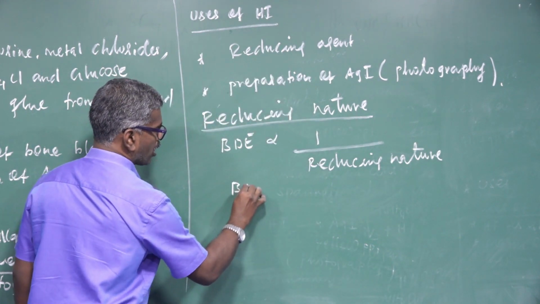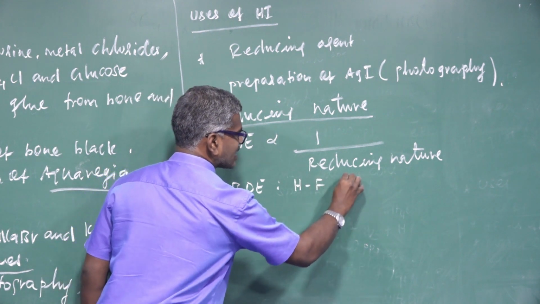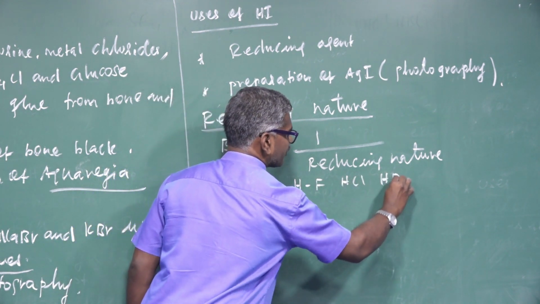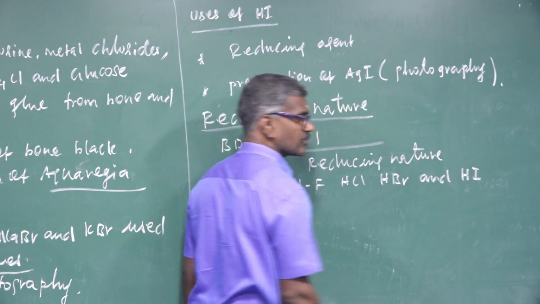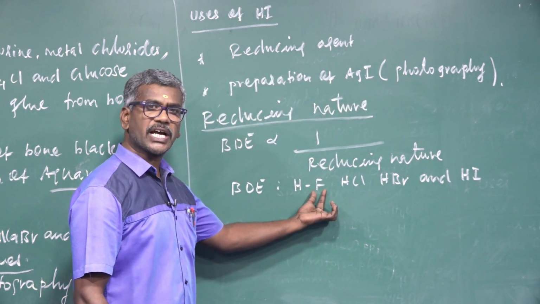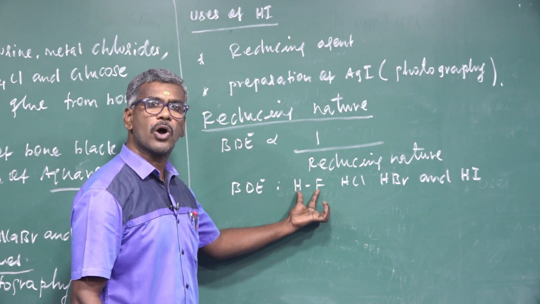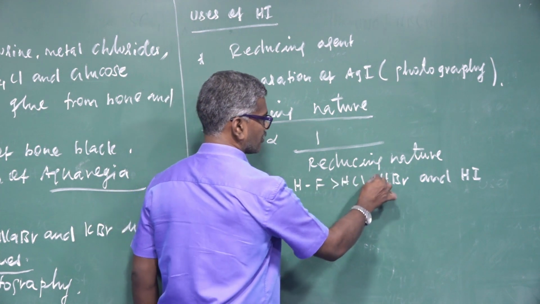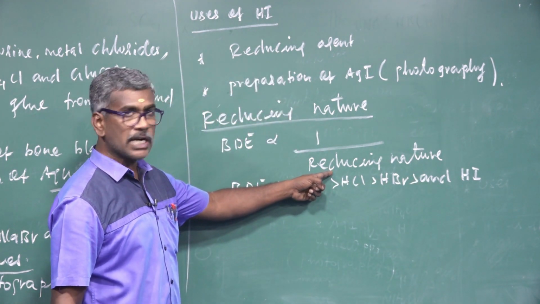Here, bond dissociation energy for HF, HCl, HBr and HI. Fluorine is more electronegative, strongly bonded with hydrogen. This one has a high bond dissociation energy. Bond dissociation energy is inversely proportional to the reducing nature.